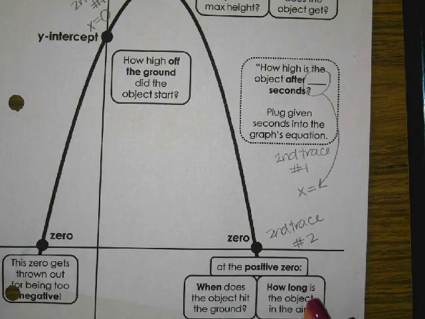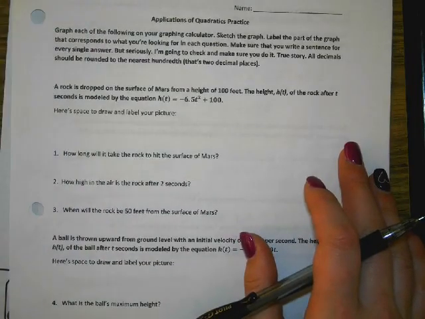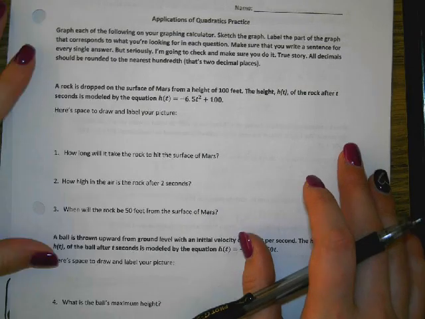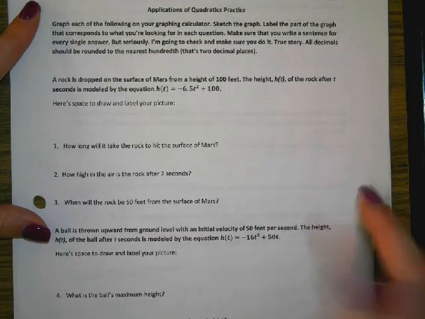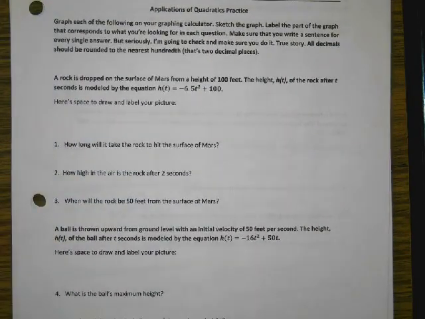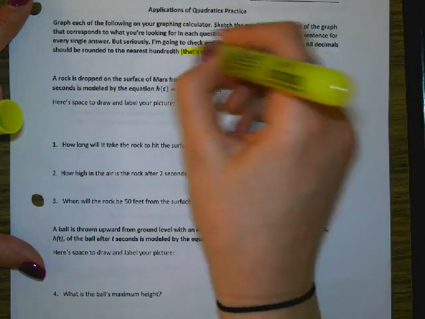Okay. We're going to skip the second example on the notes and just skip to the practice worksheet. So the assignment asks you to round to 2 decimal places. So let's make sure we do that.